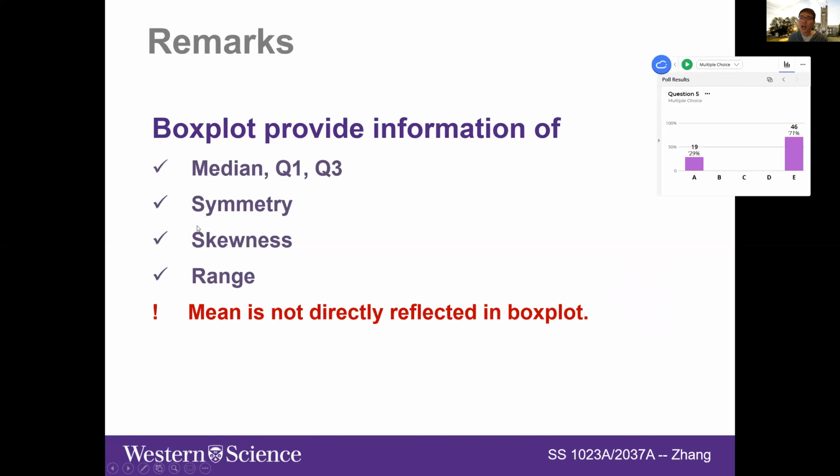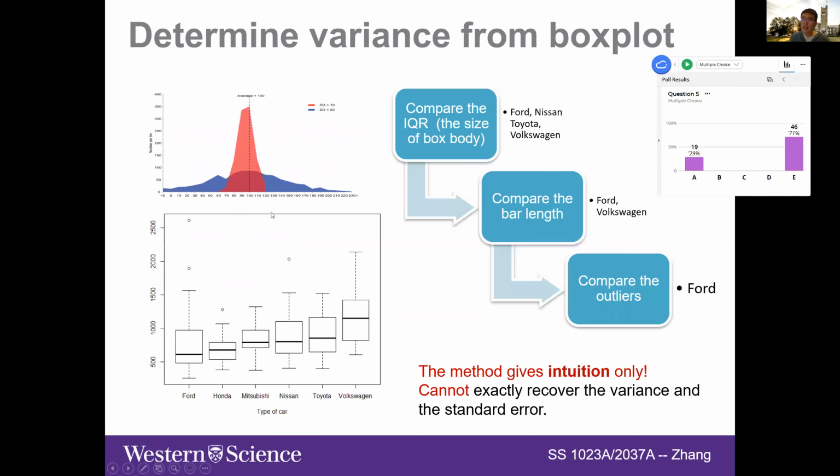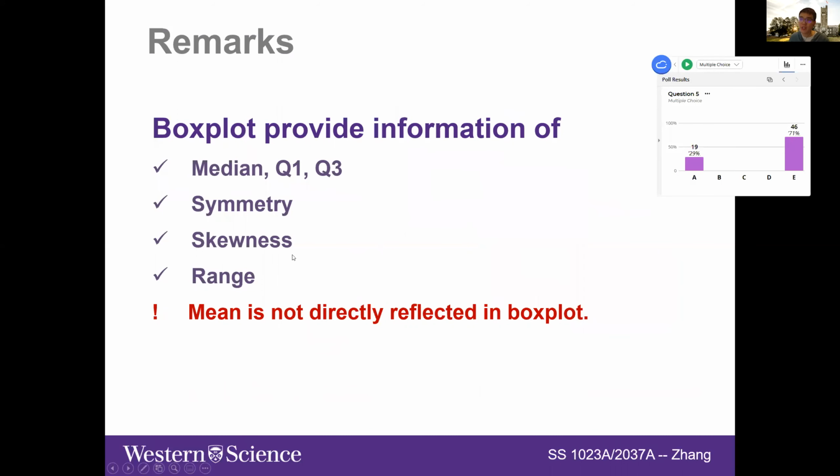I have also shown you that the box plot tells us information about the symmetry, which is determined by the distance between both bars and the median. We can also tell about the skewness by comparing the distance of the upper bar and the lower bar.